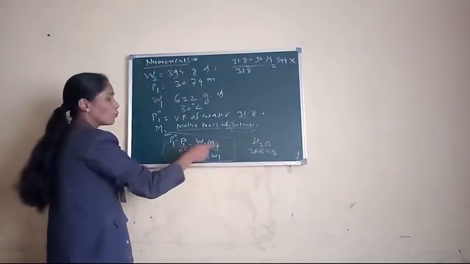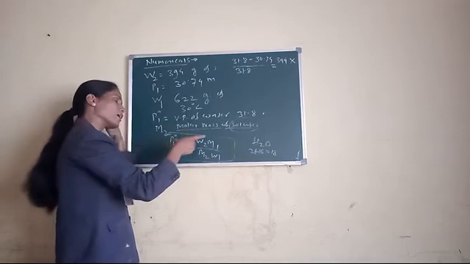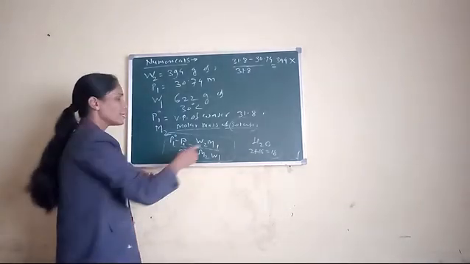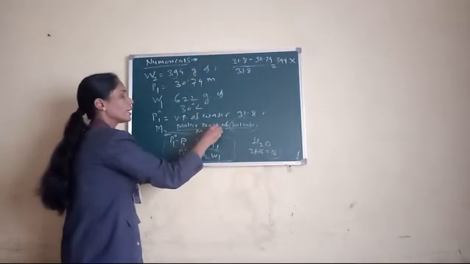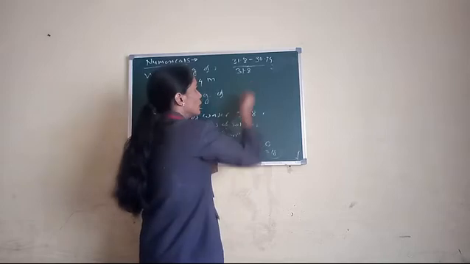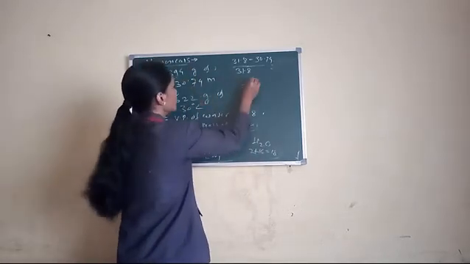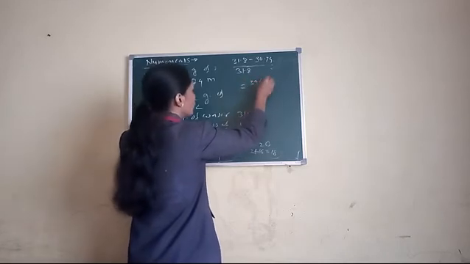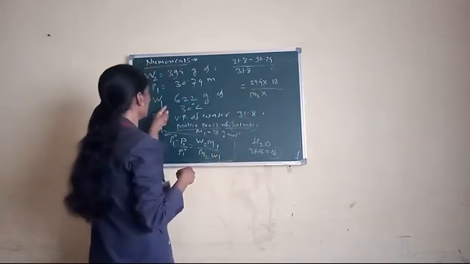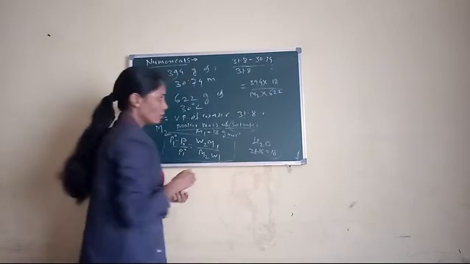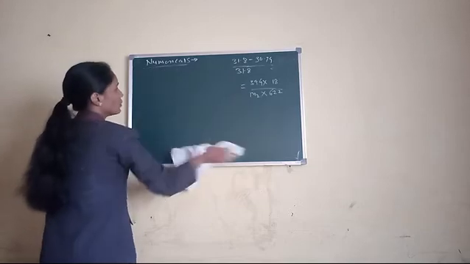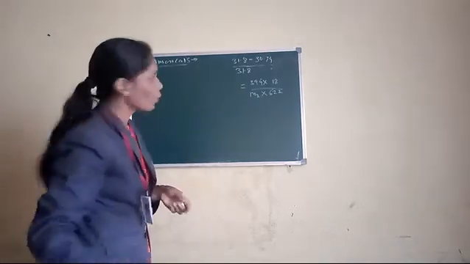So M1 is equal to 18 gram per mole. It is equal to 394 into 18 upon M2 as it is, into W1, which is 622. Solve this value for M2.